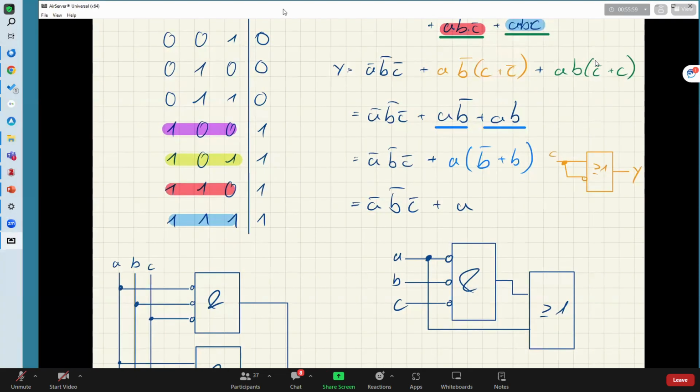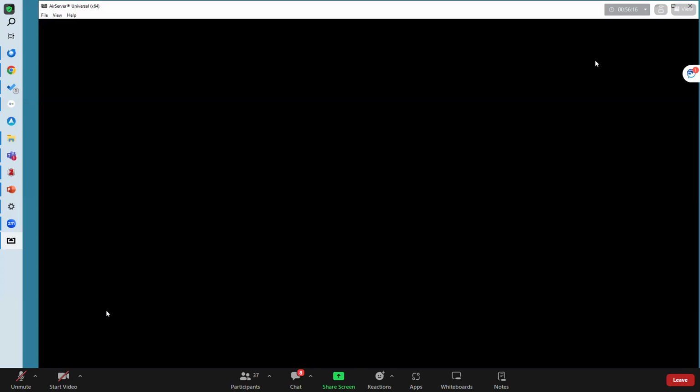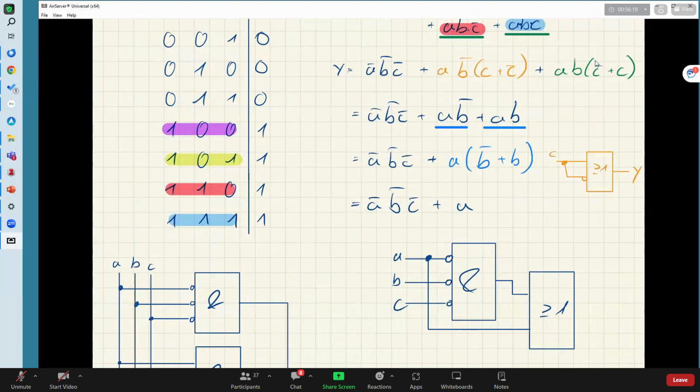Okay. So here we have the complement element, x or x prime. So x or x naught is always 1, and x and x naught is always 0. And that's what we have here. We have here C or C naught, and that's always 1.